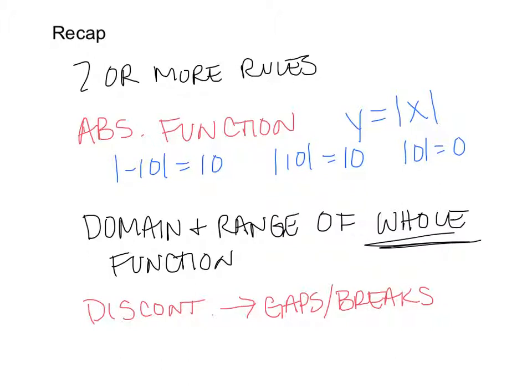Now, it's important to note that continuous doesn't mean it goes on forever, from negative infinity to infinity. It just means that for the particular domain that applies to that function, it is continuous. There are no gaps or breaks. That's why I only wrote down the definition of discontinuous, because then you can say, well, if it's not discontinuous, it's continuous. So that's our little recap, and we just did a whole bunch of piecewise functions. Hooray!